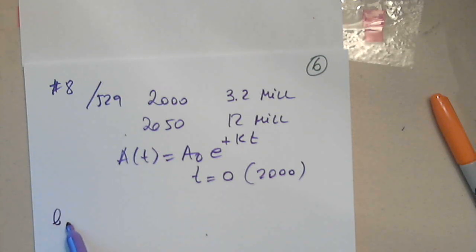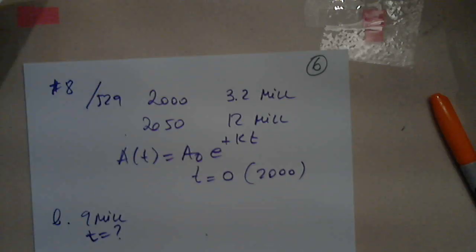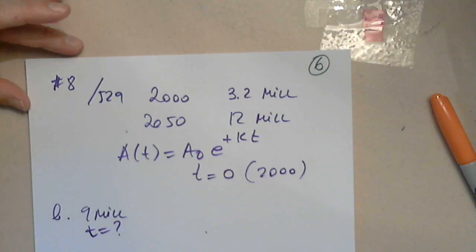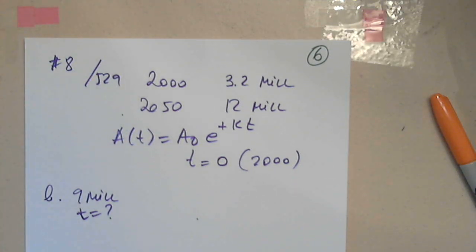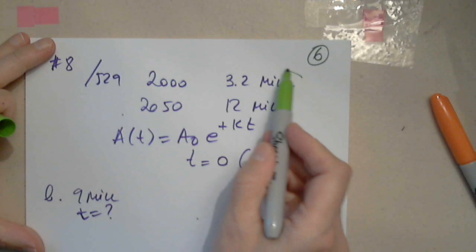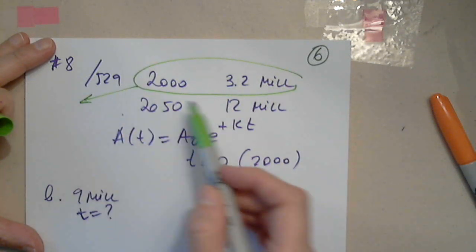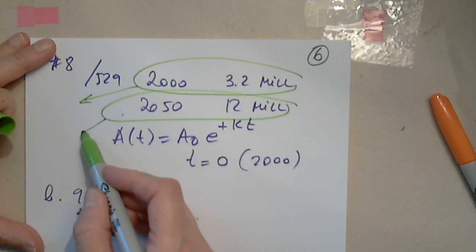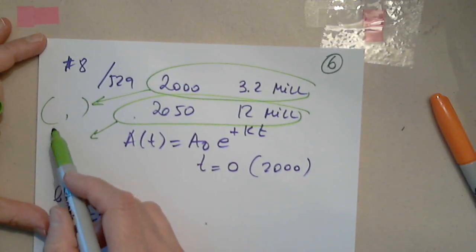And in part B, they're asking us in which year will the Palestinian population be 9 million. T equals what? So they're giving us basically two ordered pairs. This is one ordered pair, and you'll help me write it, and this is another ordered pair, and you'll help me write that.